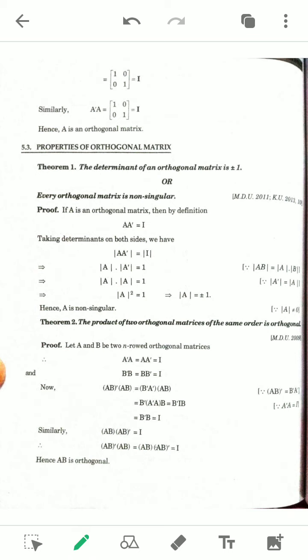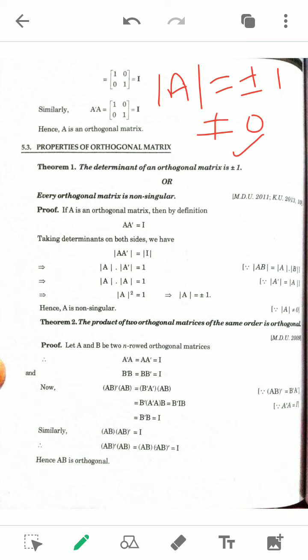So now we are going to discuss certain properties of orthogonal matrix. I discussed earlier that we will prove that the determinant of an orthogonal matrix is plus minus 1. Because determinant of A is equal to plus minus 1, it is not equal to 0.